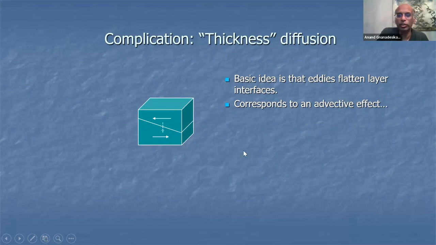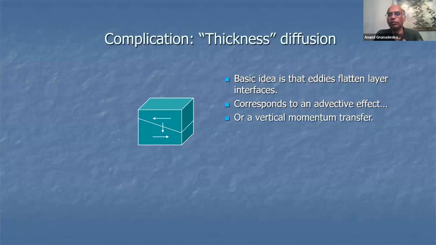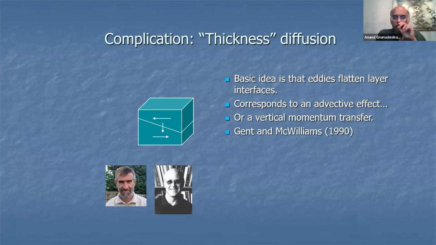And that corresponds to an advective effect or a vertical momentum transfer. Now, this is in many ways the same dynamics that explains the jet stream. The exact balances between thermodynamics and dynamics are a little bit different. And in the ocean, this idea goes back to Peter Gent and Jim McWilliams in a classic paper in 1990.